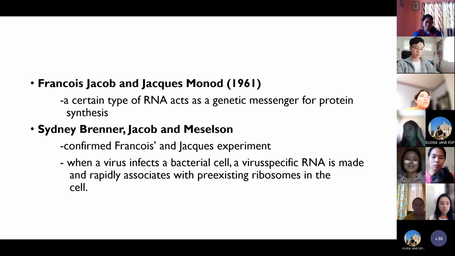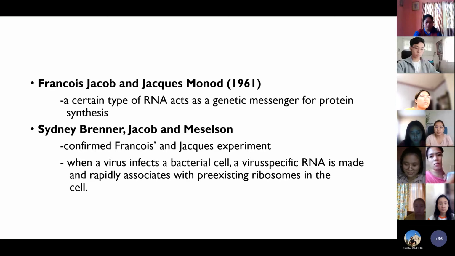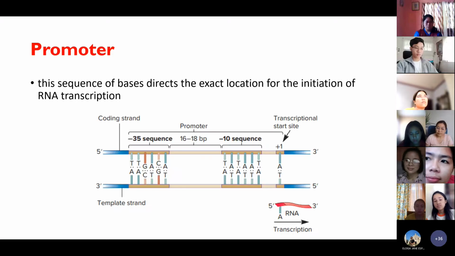They found that when a virus infects a bacterial cell, a virus-specific RNA is made and rapidly associates with pre-existing ribosomes in the cell. Since they pioneered these studies, we have learned a lot more about the molecular features of bacterial gene transcription. So we will examine the 3 steps of the gene transcription process as they also occur in bacteria.